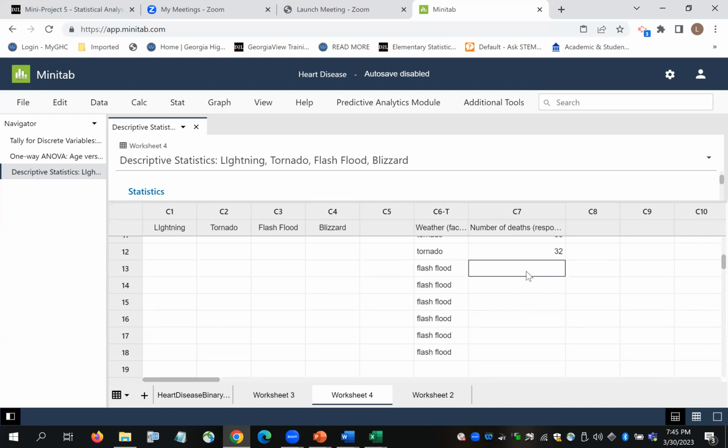So I entered it 6 times, then you put the corresponding deaths. And then the last one is blizzard.